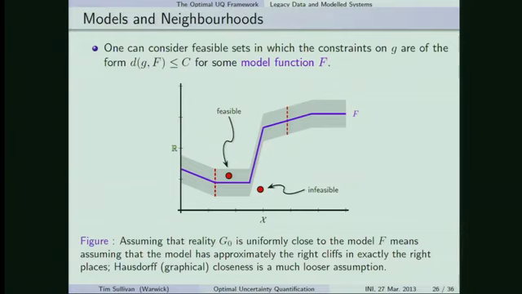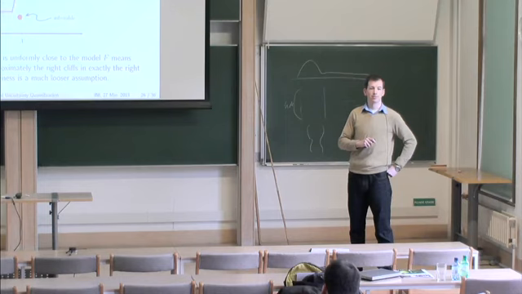and just remark a little bit about how you quantify your uncertainty about how good a model might be. For goodness sake, do not say that the uniform distance between your model F and reality is something. Why? Because if your model or reality have a discontinuity or a cliff or something sharp, saying the uniform distance between one function and another is small is saying you've got approximately the right cliffs in exactly the right places.